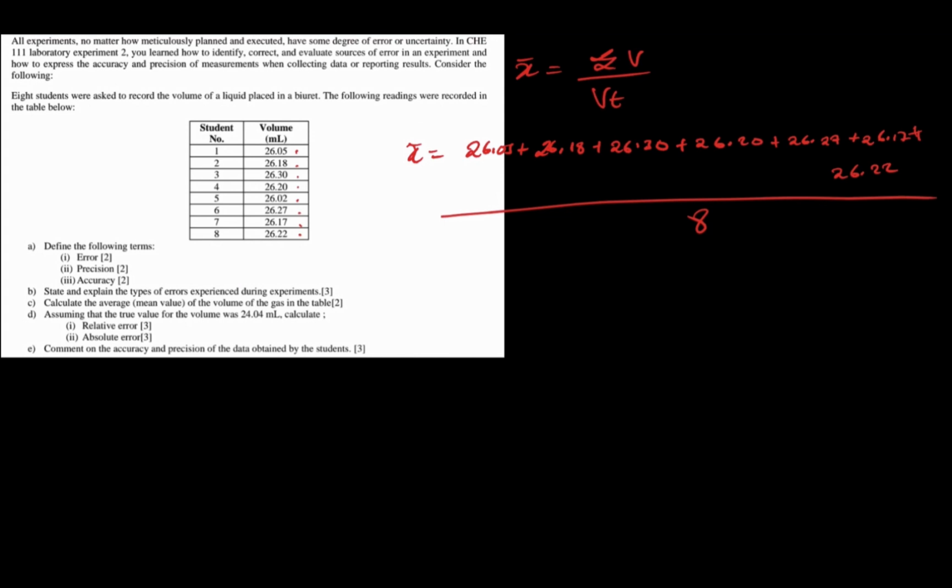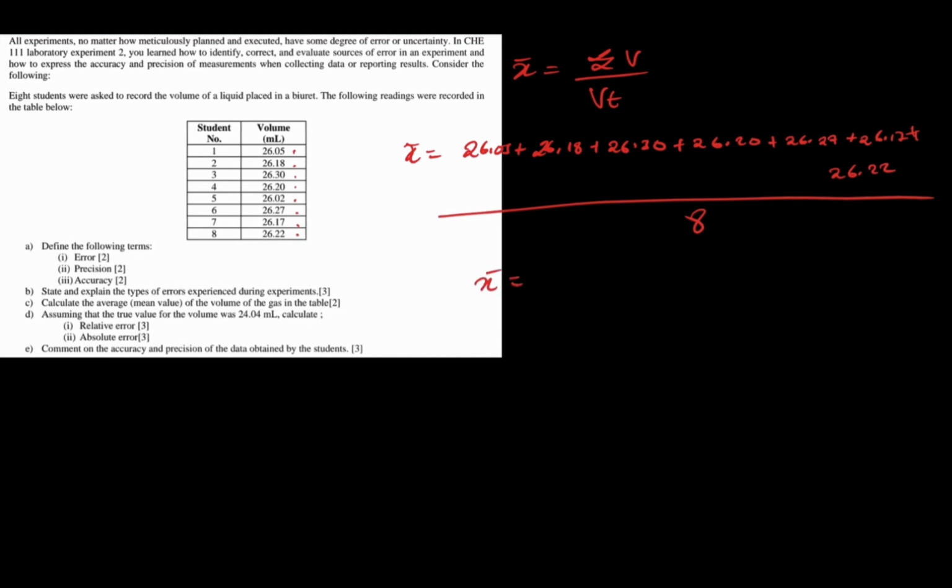So if you sum up all these, 26.05 plus 26.18 plus 26.30 plus 26.20 plus 26.02 plus 26.27 plus 26.17 plus 26.22, what are you going to get? You get X bar being equal to 209.41, and you divide this by 8.